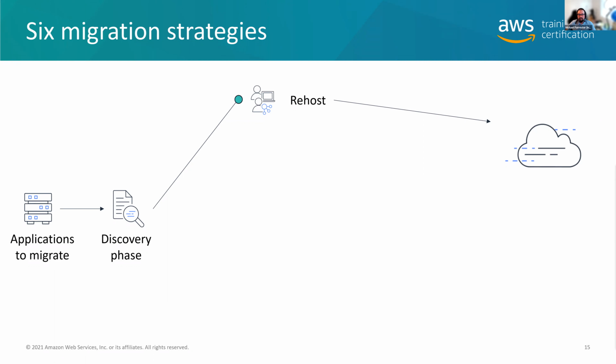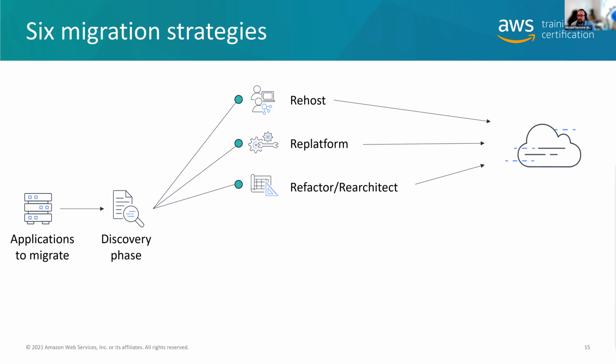value with cloud. Then there's replatform, which is also known as lift, change a little bit, and then shift, or lift, tinker, and shift, I think is what they call it. This is where you're going to make a few cloud optimizations to make it work. Like you might add auto scaling, or you might do a multi-AZ database, right? And then there's refactoring, re-architecting, which is the most severe.